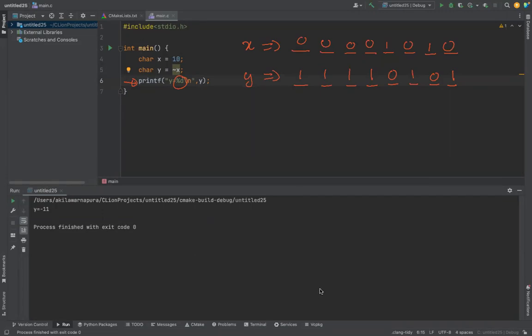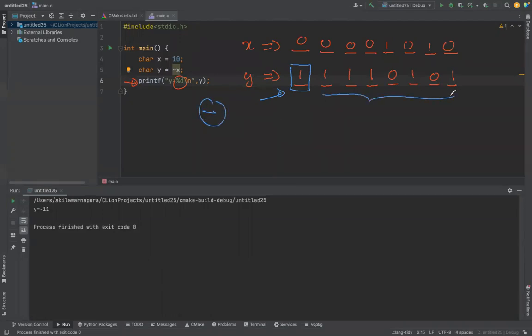This is the y value. Is it a plus or minus value? It is a minus value. The computer identifies that y is a minus value.